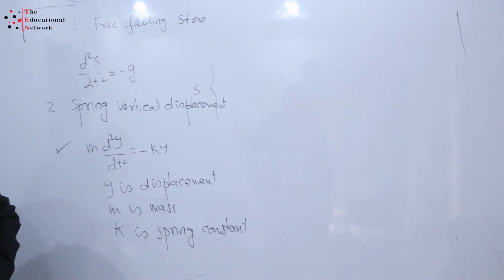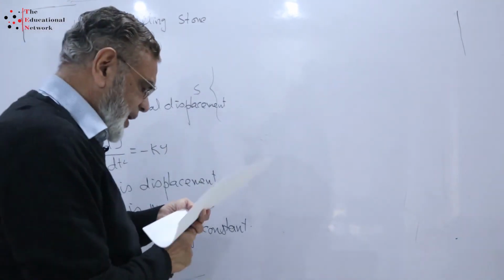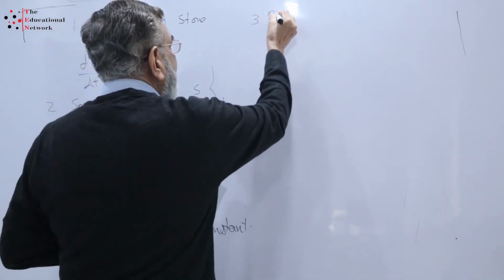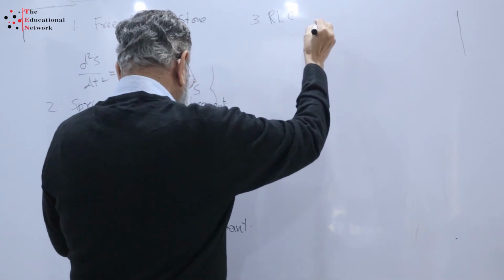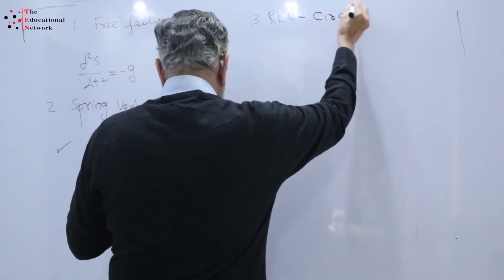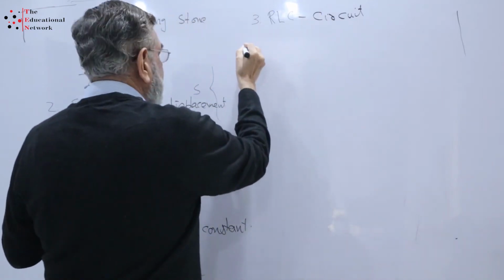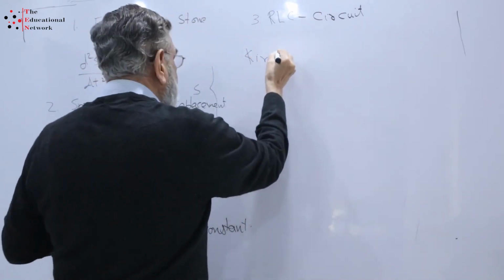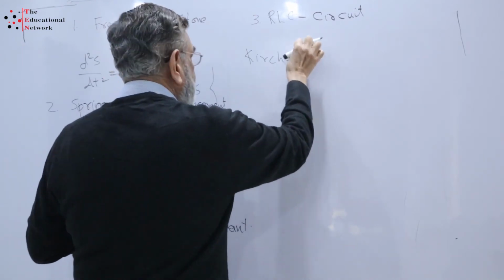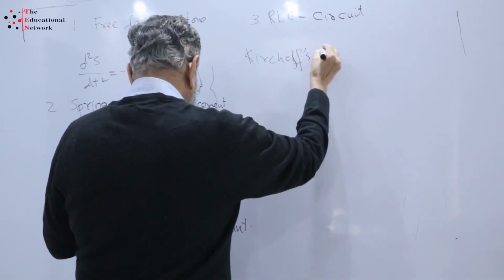Our physical origin now is an electric circuit. We use here this number 3, the RLC circuit, and we use the Kirchhoff's second law.